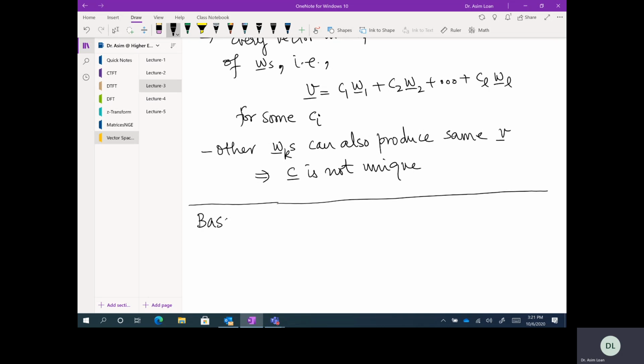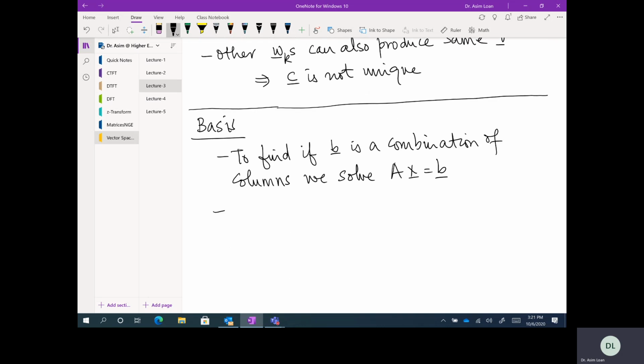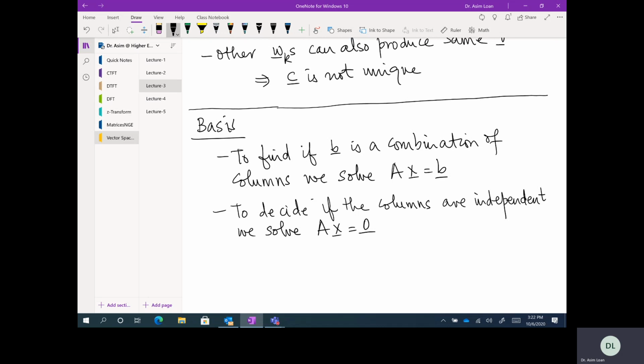So bases, again, to find if B is a combination of columns, we solve AX equals B. To decide if the columns are independent, we solve AX equals 0.